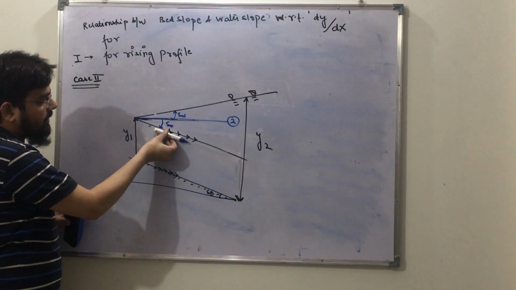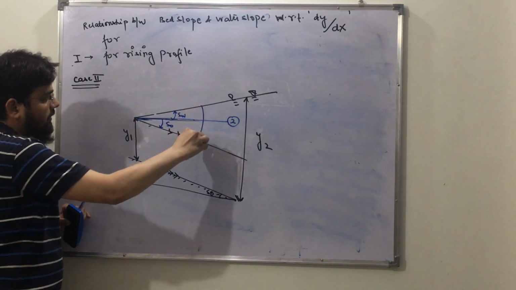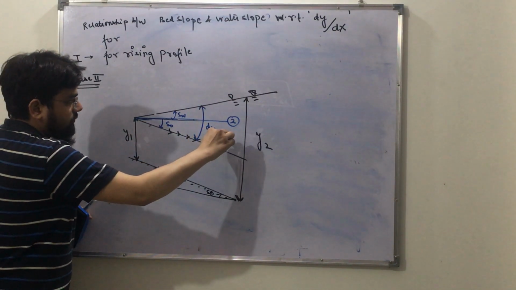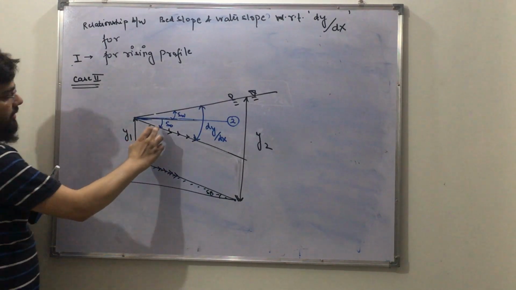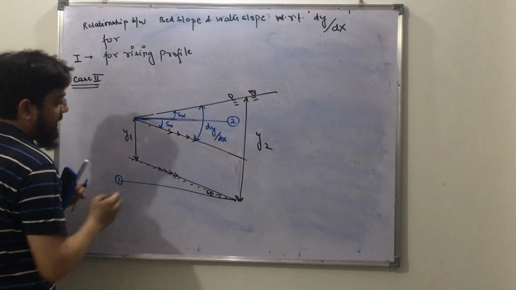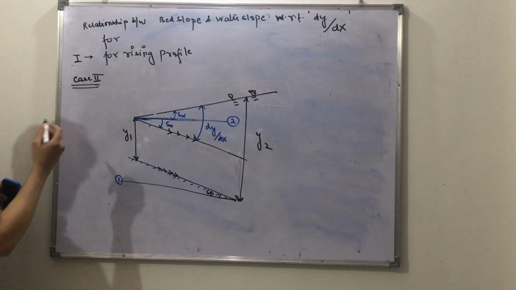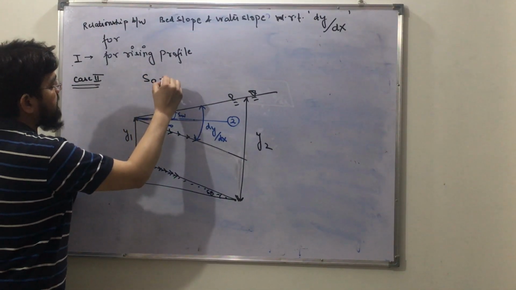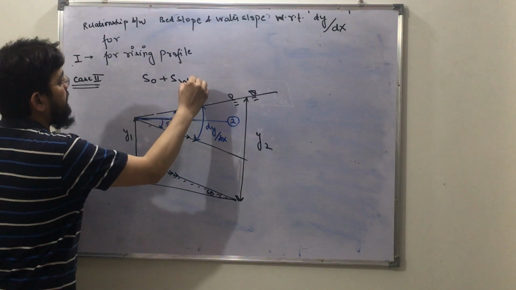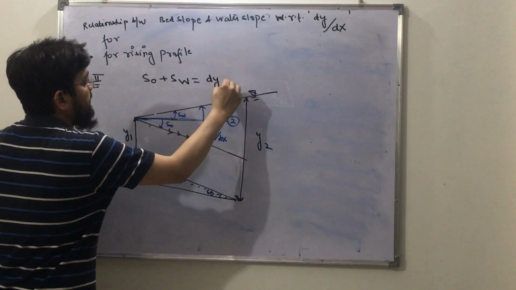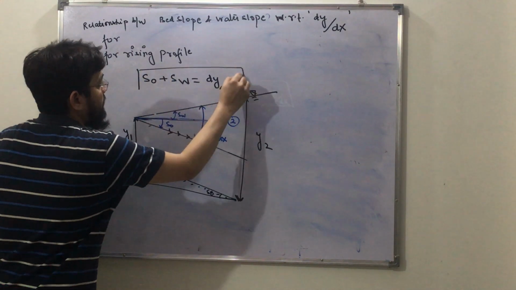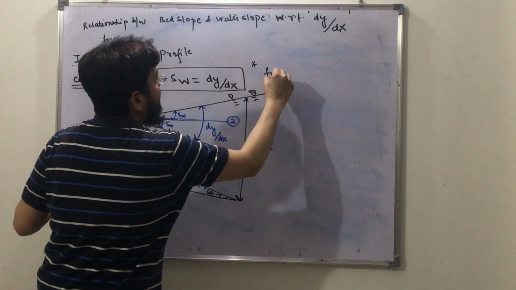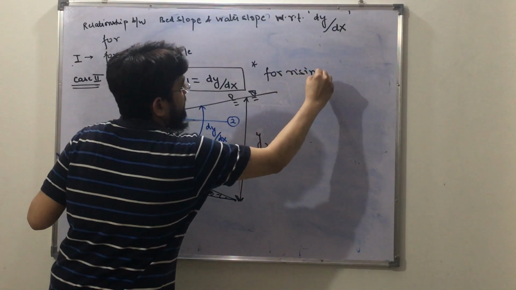So this is bed slope and this is water surface. So this is dy by dx. So what relation do we get here? S0 plus SW is equal to dy by dx. So case 2, we can say that S0 plus SW is equal to dy by dx. So this is another condition for the rising profile.